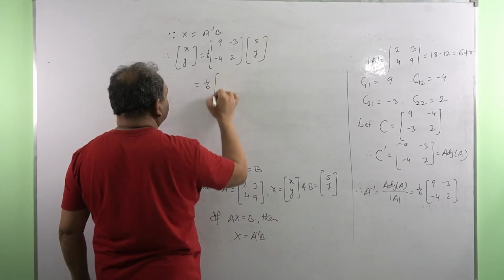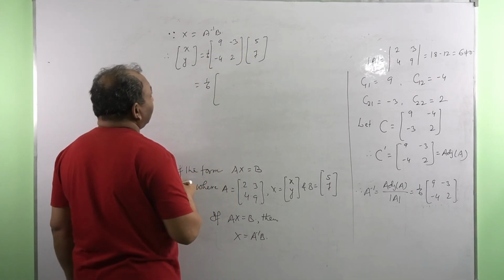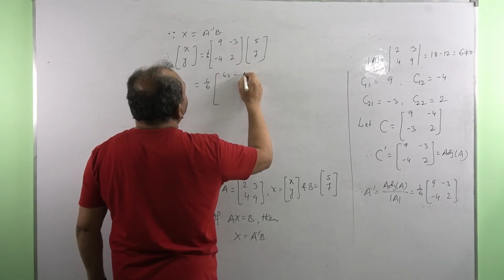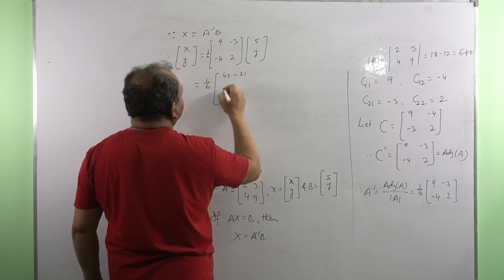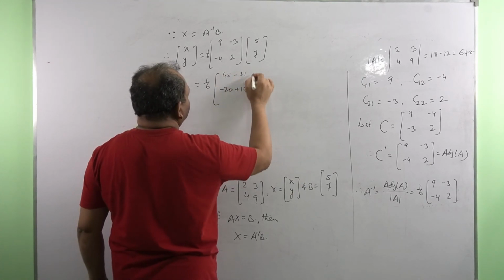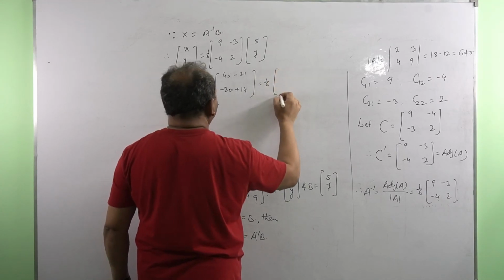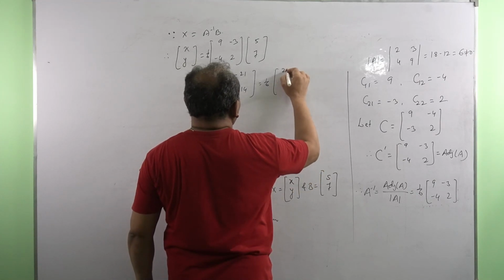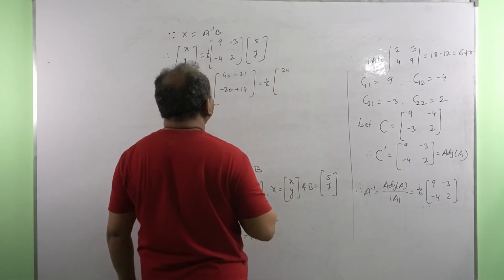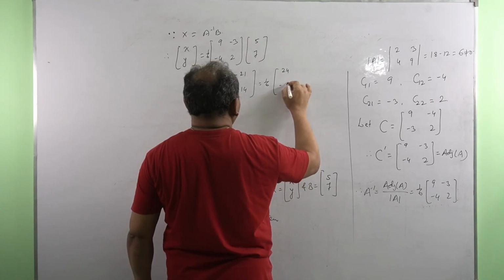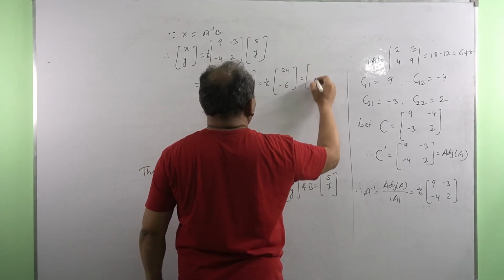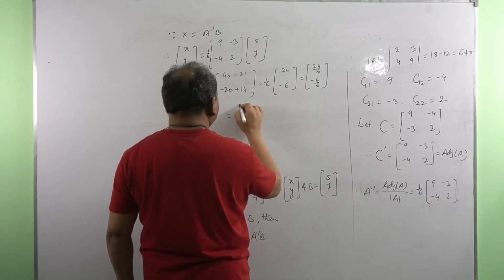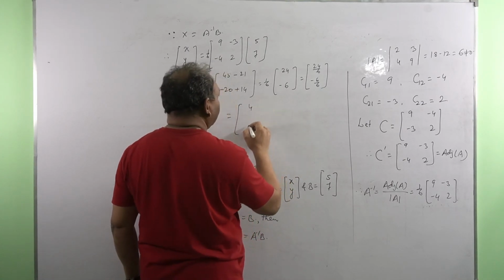So 1 by 6, multiply these two matrices. 9 times 5 is 45 minus 21, and minus 20 plus 14, is equal to 1 by 6 into 24 and minus 6. This is equal to 24 by 6 and minus 6 by 6, which is equal to 4 and minus 1.